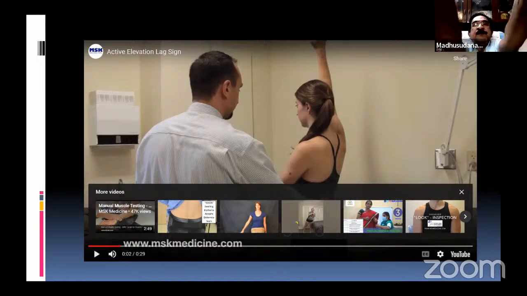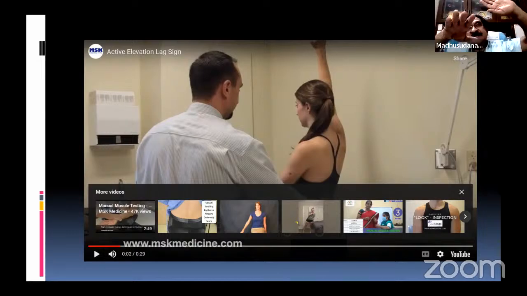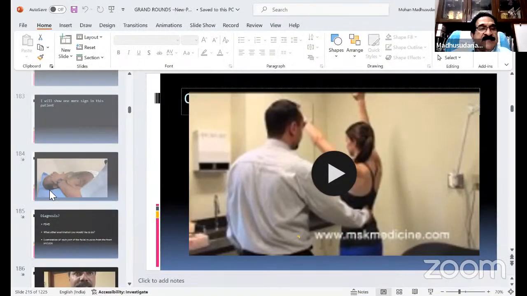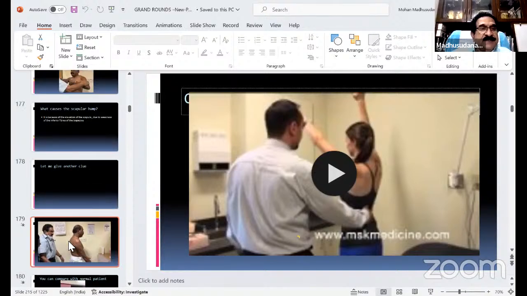Because if you go beyond 90 degrees, the flexion part is done by the forward rotation of the scapula. The rotation is carried out by the trapezius and the serratus anterior. The patient cannot elevate the arm beyond 90 degrees. So he has to necessarily extend the trunk backward to bring the arms upward. That is why he is doing this sign. The video part I will show, that is very clearly seen in this particular patient.